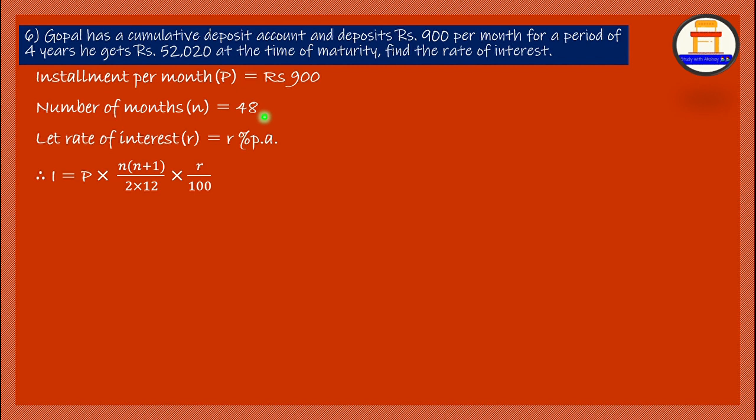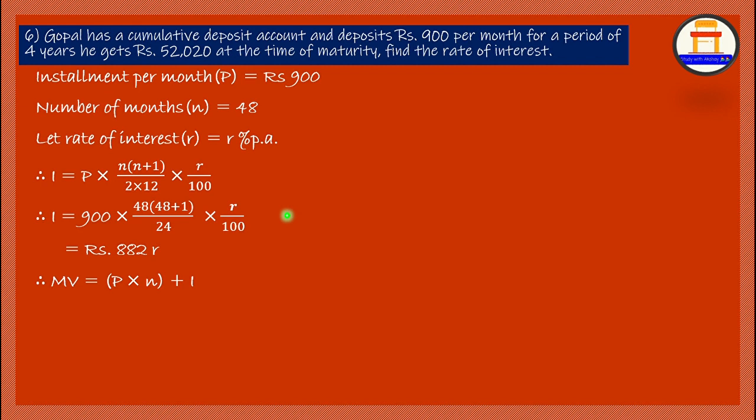So interest formula we know. Upon substituting the values, 900 of 48 plus 1 divided by 24 into R by 100, we get interest as 882 R. So maturity value equals P into N plus I basically.